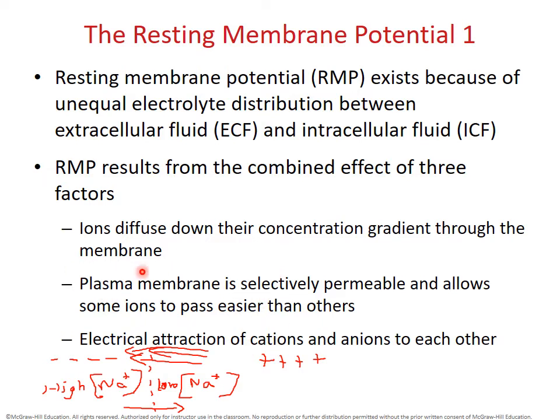That's going to contribute to an electrical imbalance across the membrane. And so we have all these factors that are contributing to the generation of the membrane potential. And there's one other factor that's extremely important in contributing to the resting membrane potential, and we're going to see that in the next slide.